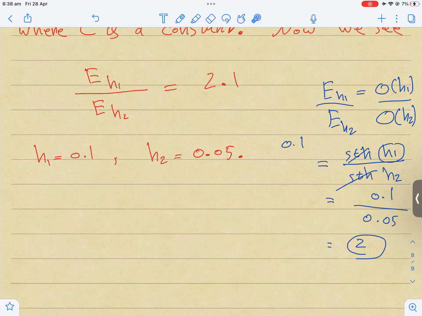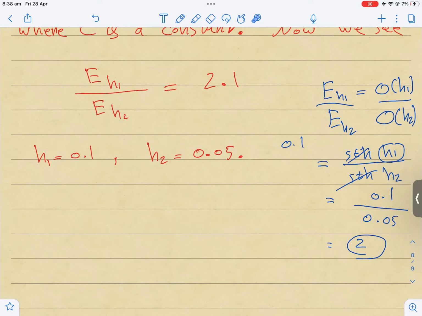So this was like 0.2 something. The global error with the finer H was 0.1 something. If I divide them, I will get 2.1 in the real ones.